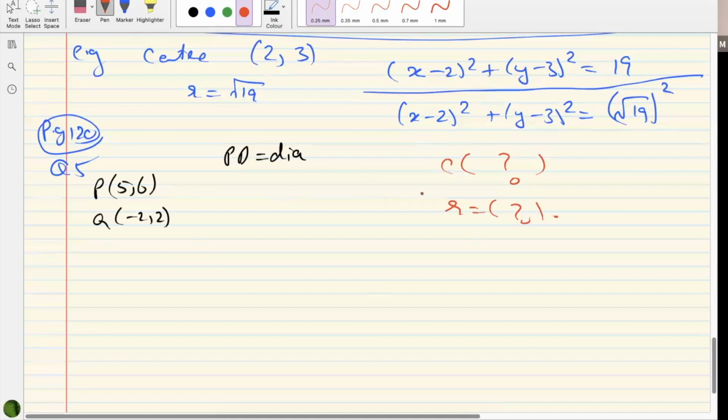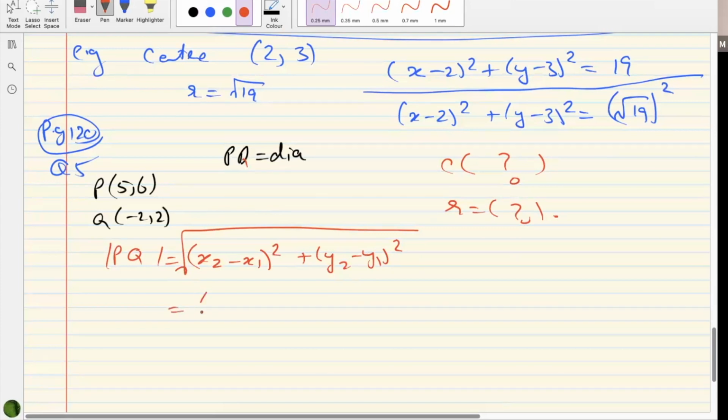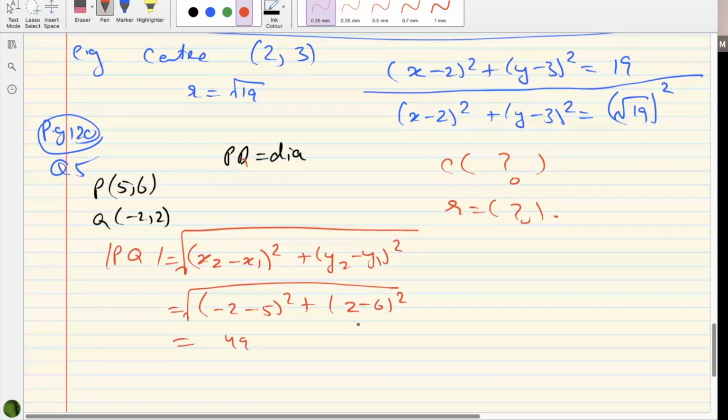So for the diameter, PQ is equal to the square root of x2 minus x1 whole squared plus y2 minus y1 whole squared. 7 square is 49, 4 square is 16, and this is square root 65. So this is the diameter. So radius is equal to square root 65 by 2.